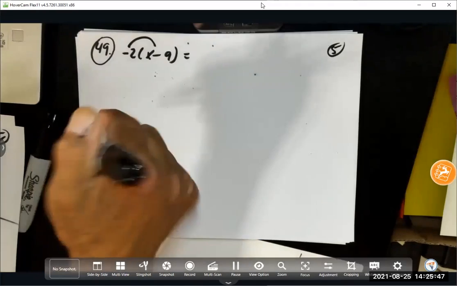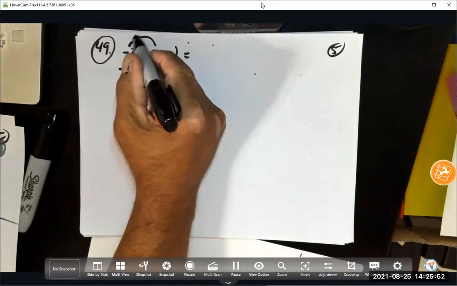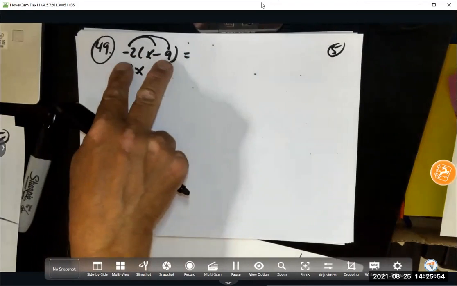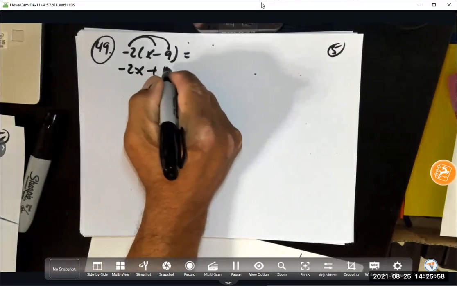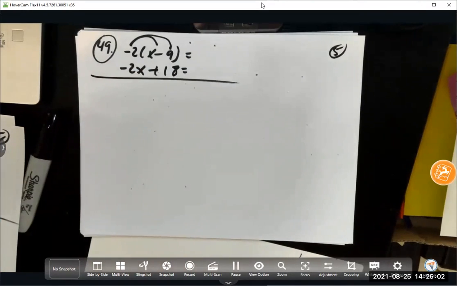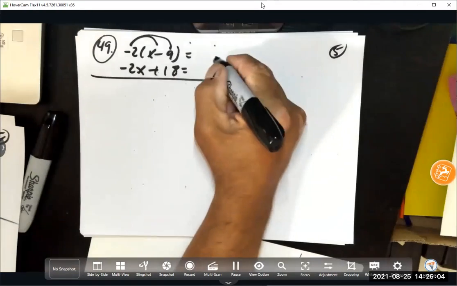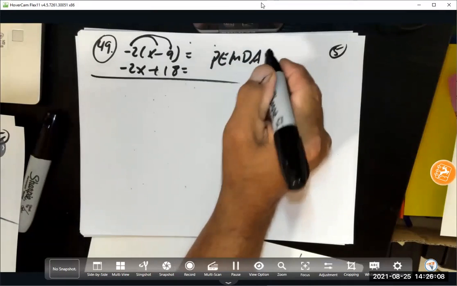Negative 2x. And a negative times a negative is positive 18. And then that's it, that's the end of it. Is that all right? Multiply the first one. Yeah. I'm just doing this, parentheses. Yep, I gotta do that.